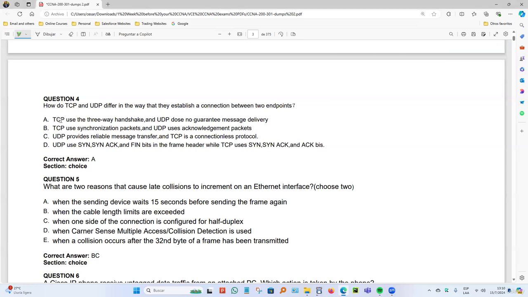It looks like A is the correct one, and let me explain why. You guys remember that TCP uses the three-way handshake and is reliable delivery. Instead, UDP does not guarantee the message delivery. It's best-effort delivery. So that's the main difference there.